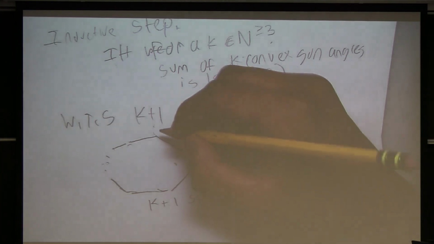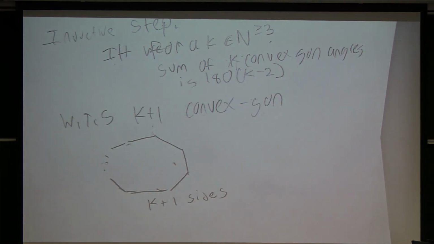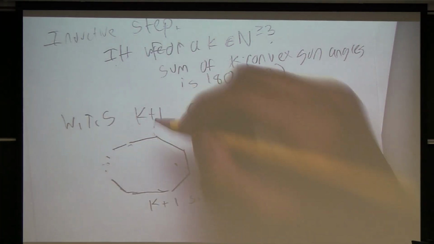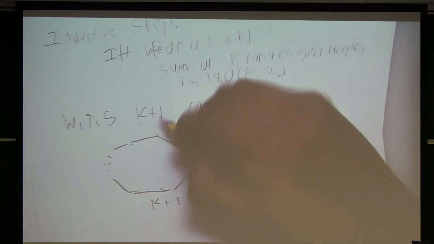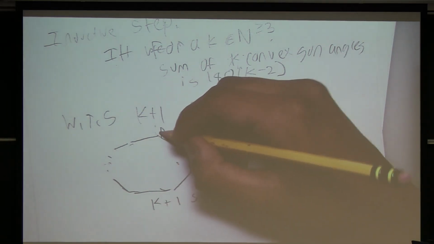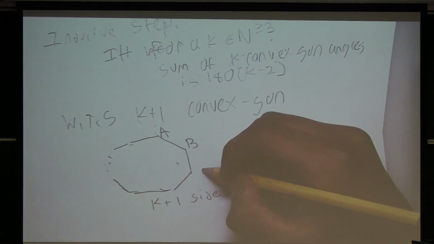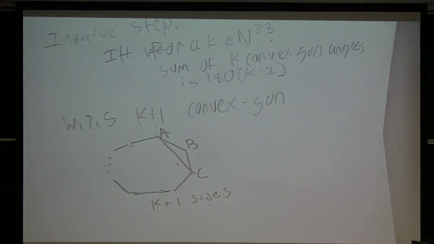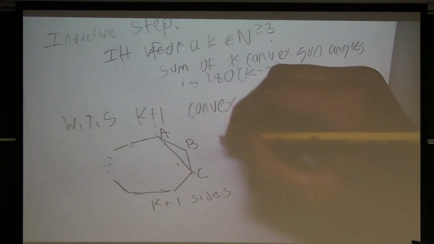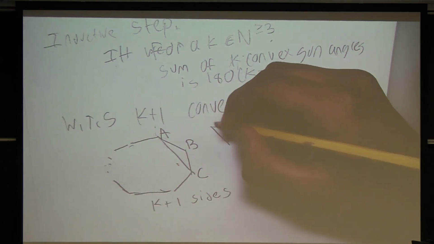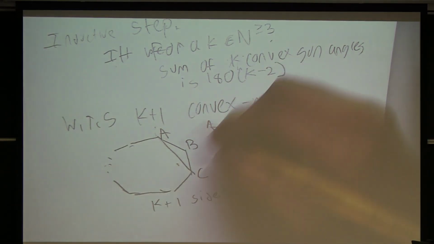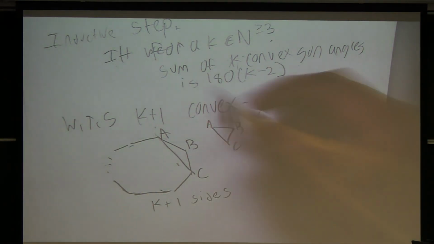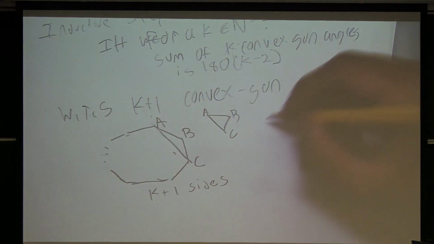The trick here is removing a triangle. So in a k plus 1 convex gon, let's take 3 adjacent vertices, A, B, and C. The 3 vertices will form a triangle. Now, if we just remove this triangle away from the shape, we would have removed 2 sides.